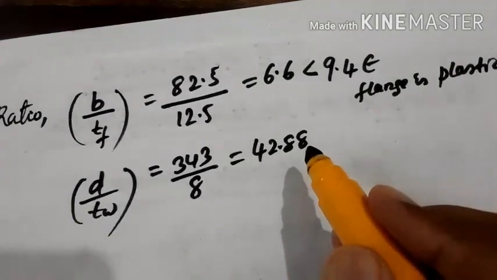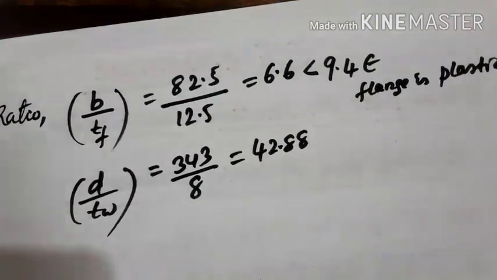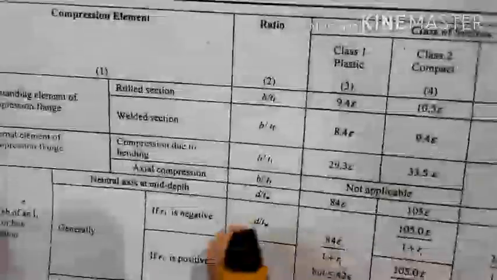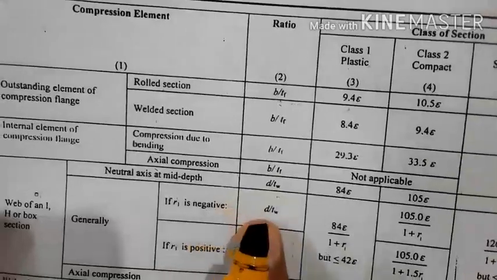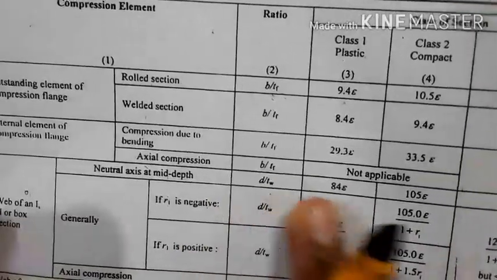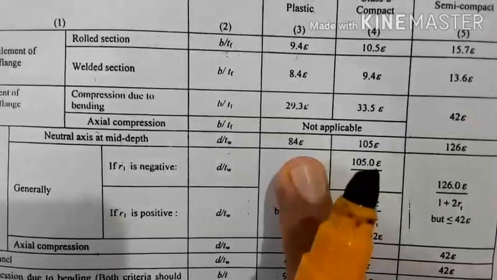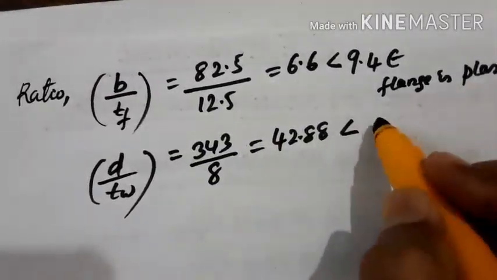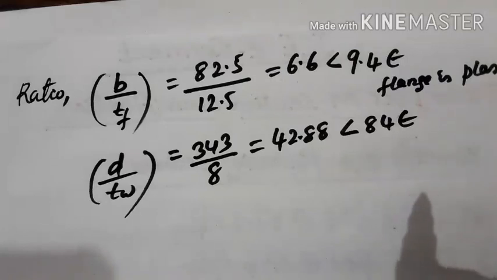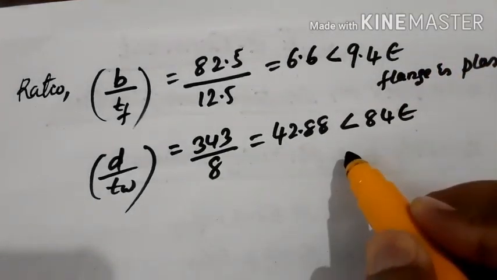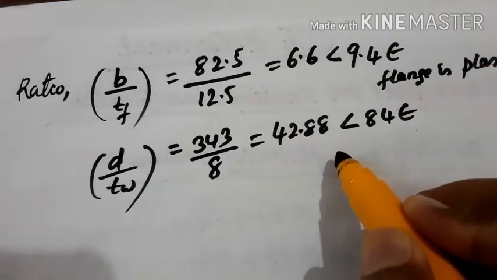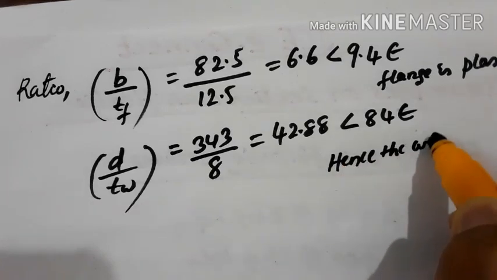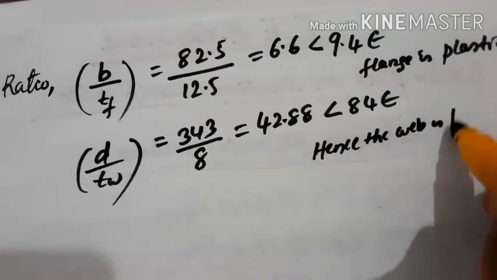Now again you have to compare the depth to thickness ratios. So here the depth to thickness ratio limit is given as 84 epsilon. In our case it is 42.88, which is again less than 84 epsilon. Hence the web is plastic.